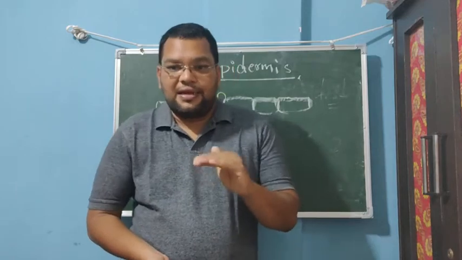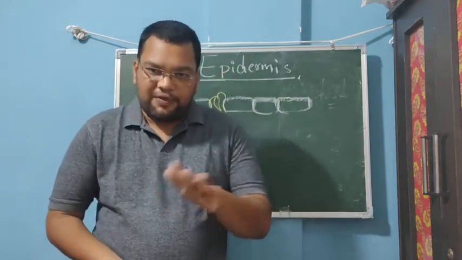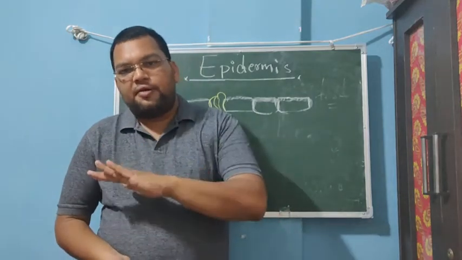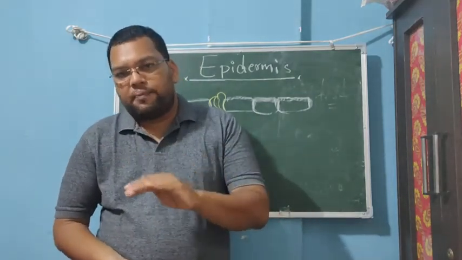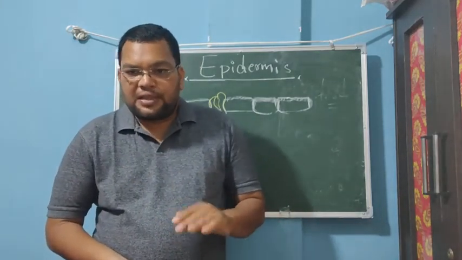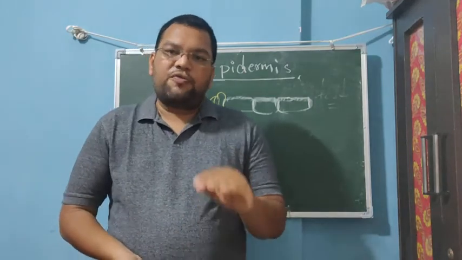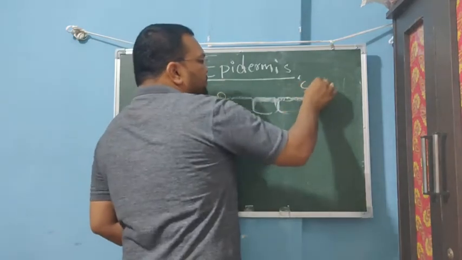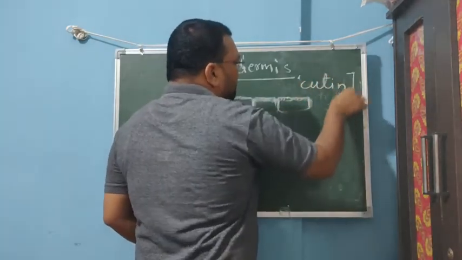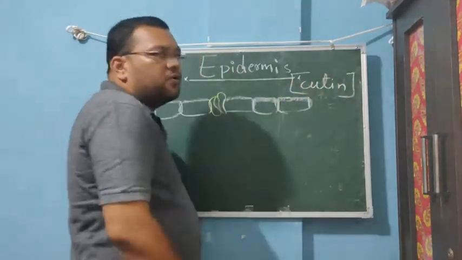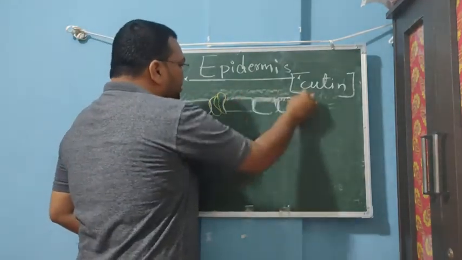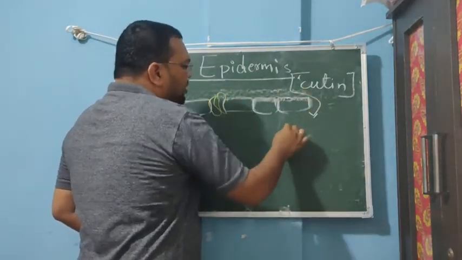Sometimes a waxy layer is developed over the epidermis. That waxy substance is known as cutin, and the waxy layer formed is known as cuticle.